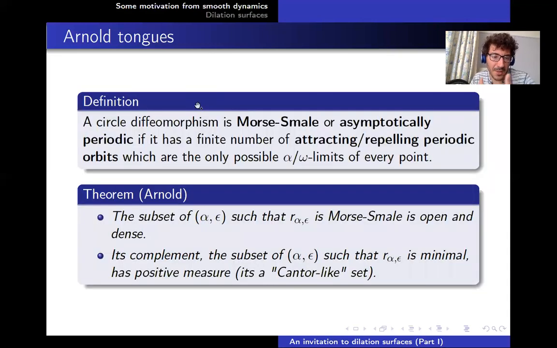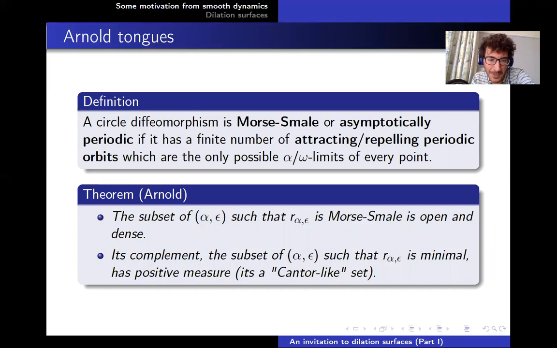Okay, and the theorem of Arnold is that in this parameter space, because of the little reasoning that I've explained, maybe you need a bit more time to make sense of that, but essentially I've said everything, this subspace is open and dense.